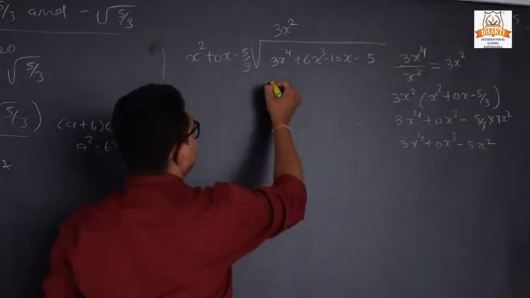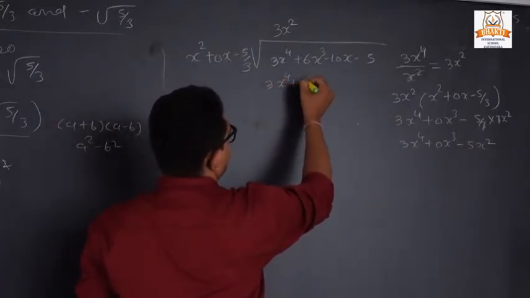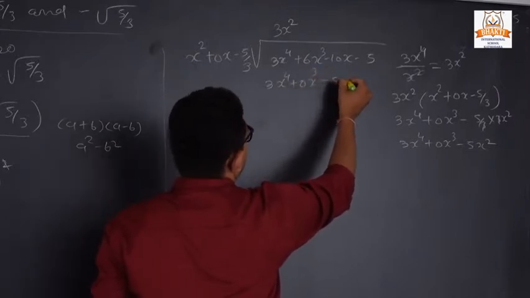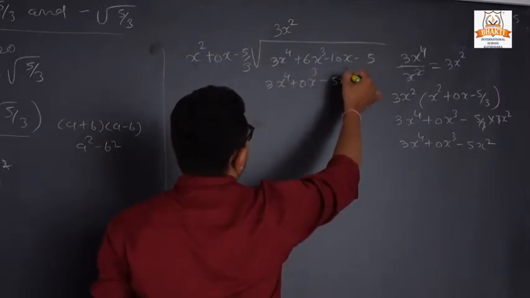Now we put that value here: 0x³ minus 5x².